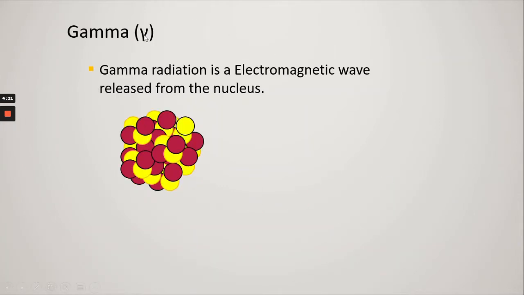Okay, so let's look at the final type of radiation, which is gamma radiation. Gamma has this symbol here, again the Greek letter gamma, lowercase, and gamma radiation is an electromagnetic wave which is released from the nucleus.